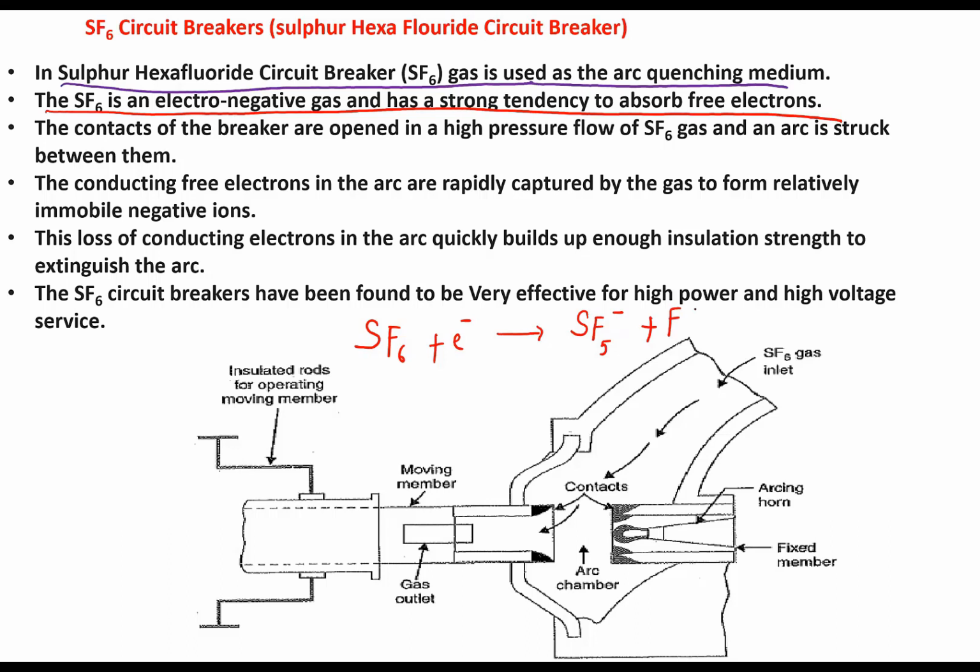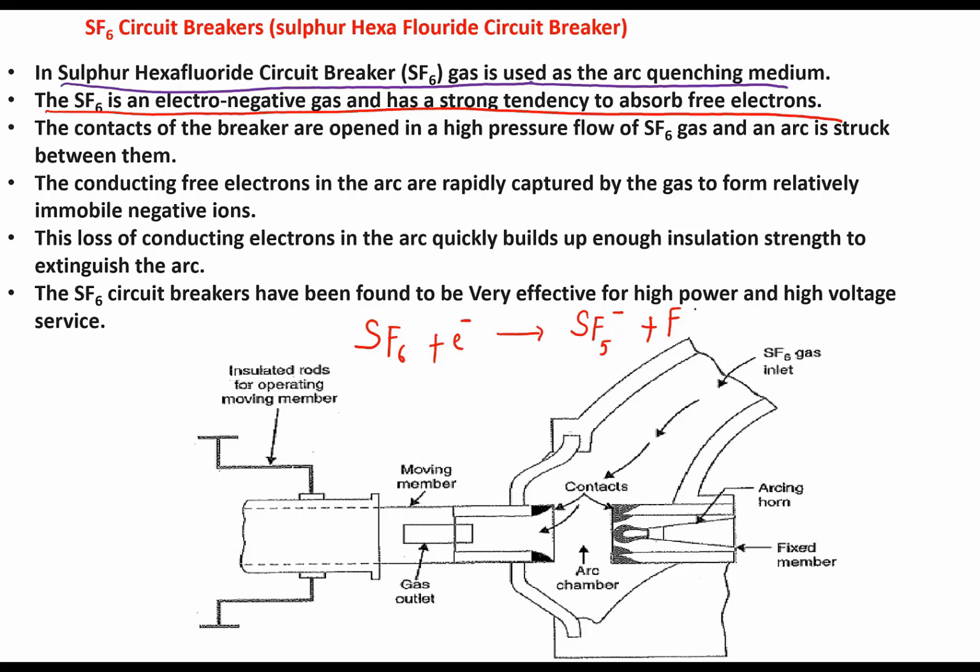This property is called the electronegativity property. So whenever you introduce SF6 gas in a medium where more free electrons are present, it will eat away all those free electrons.